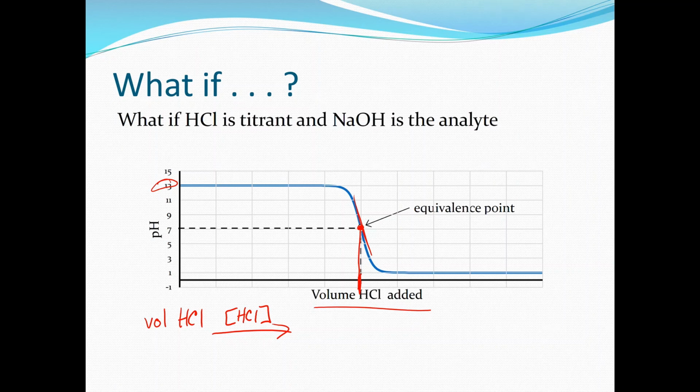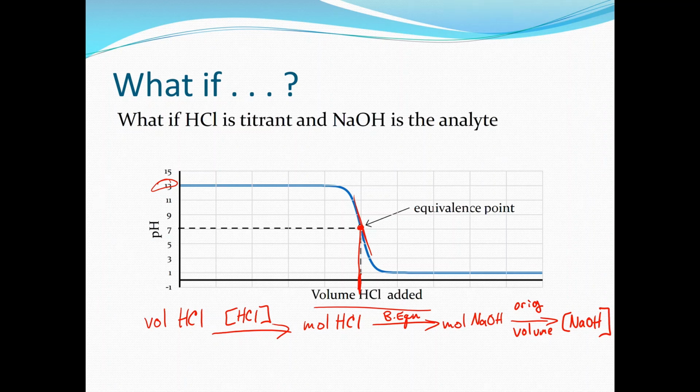So we would use the volume of the hydrochloric acid with that concentration to figure out moles of hydrochloric acid. From there, we would use our balanced chemical equation to figure out how many moles of sodium hydroxide had been in the original solution. And then from there, we would use the original volume of the solution. So this is probably going to be like 20 milliliters or 10 milliliters, depending on what kind of pipette you use, to then figure out what the concentration was of that original sodium hydroxide solution.